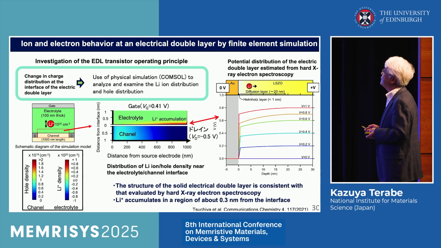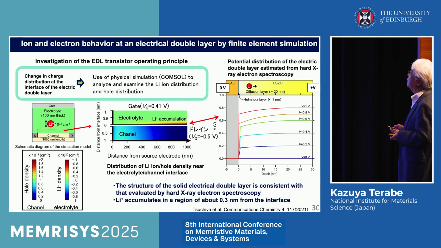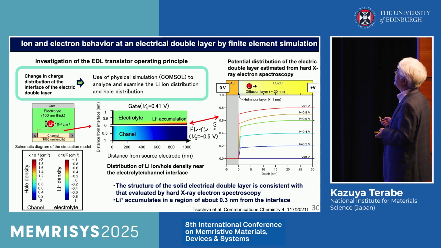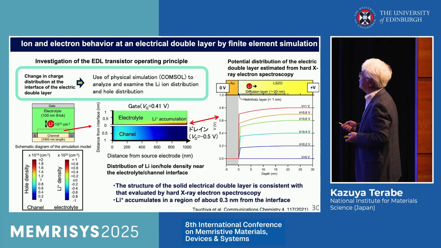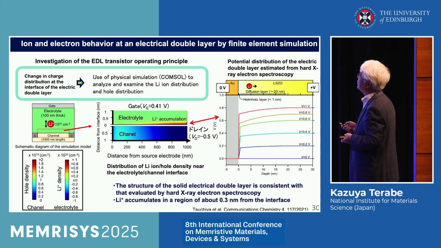So we also examine the ion and electron behavior at the electric double layer by finite element simulation. We use physical simulation to examine the lithium-ion distribution and the hole distribution.